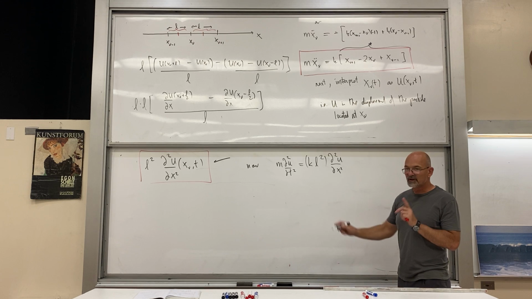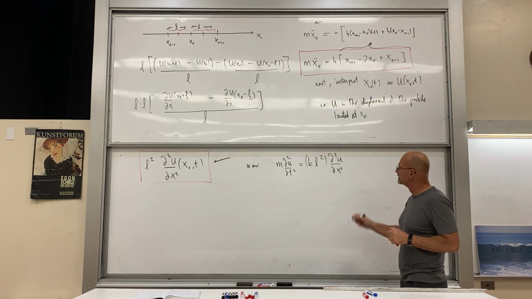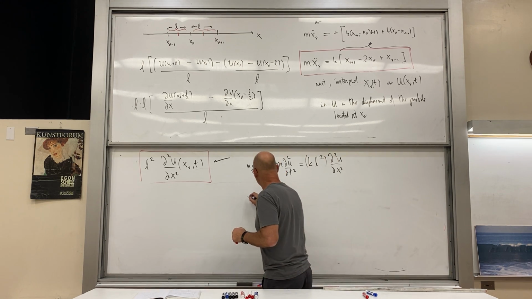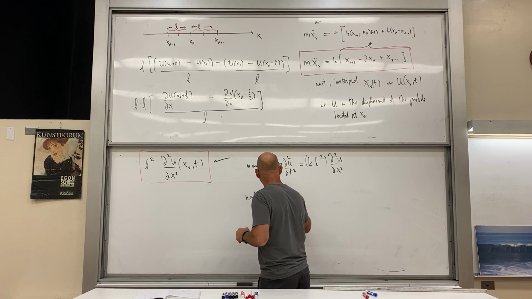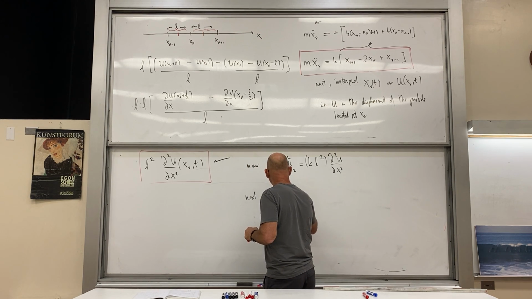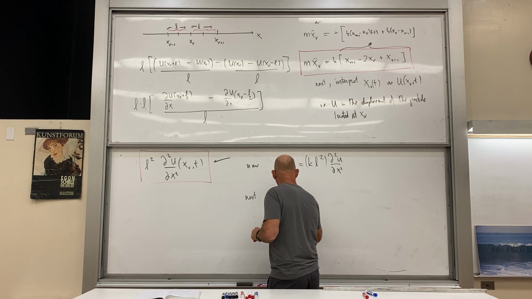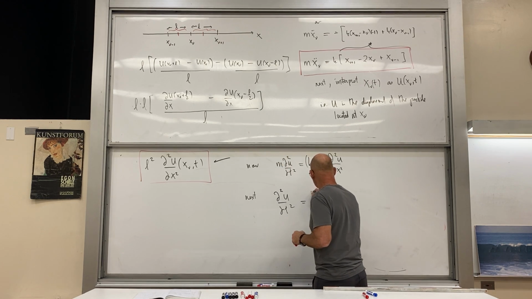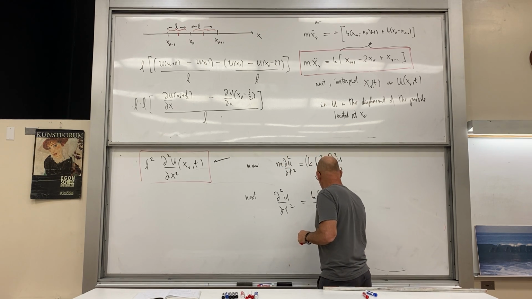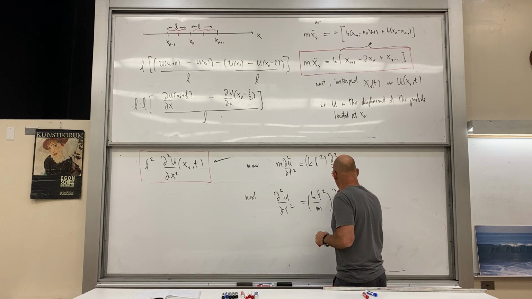And there's an interesting argument there. It's going to work. So next, d squared u dt squared equals k L squared over m d squared u dx squared.